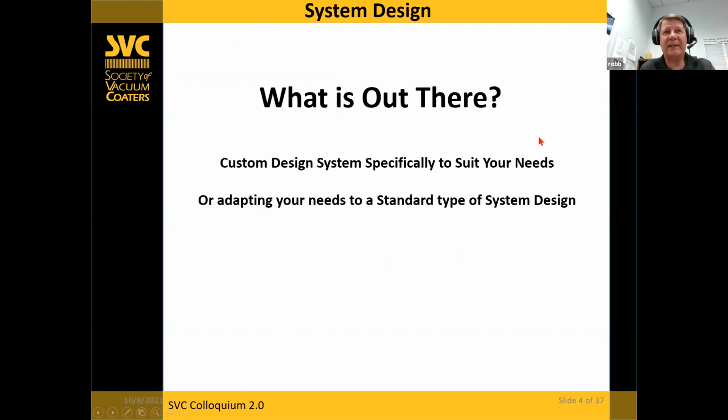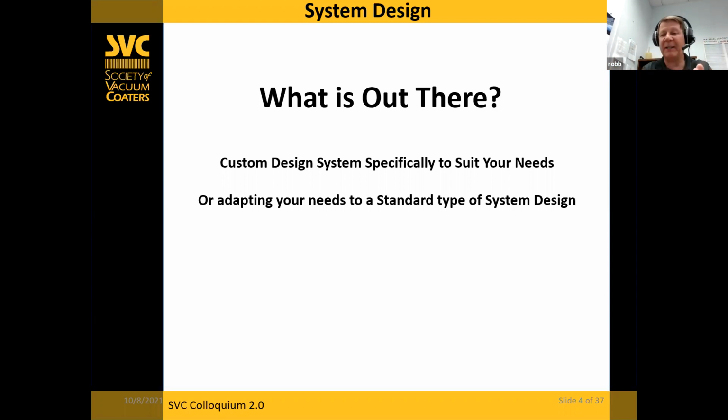I'll start by taking a look at what's out there. There are a couple of different approaches. Custom design systems specifically suited to your needs, or adapting your needs to a standard type of system design. In one, you're telling a vendor that this is exactly what I want, and I want you to design something just like this. And in the second case, you're saying, hey, you offer a line of systems.